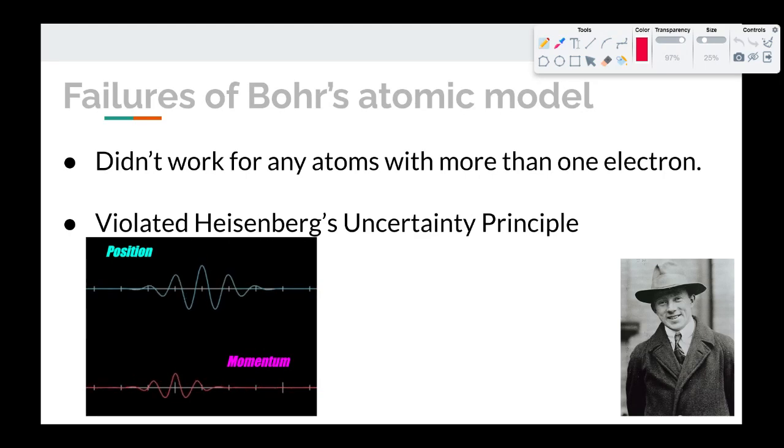So that means if you're fairly sure about the position of the electron, then you're not so sure about where it's going. In other words, what its momentum is, what its current velocity is. But if you're very sure about where it's going, its momentum, then you're not going to be very sure about its position. So there's this kind of a trade-off.